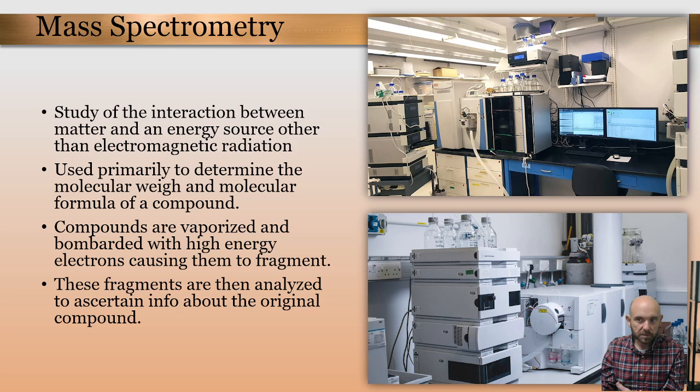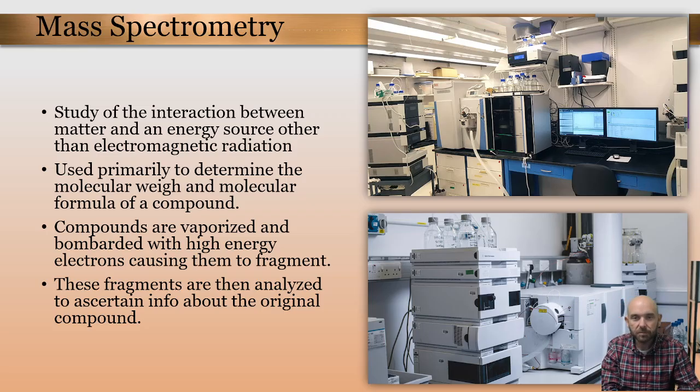Spectrometry is a little bit different. In mass spectrometers, we're investigating the interaction between matter and something other than electromagnetic radiation, and in this case, it's an electron.